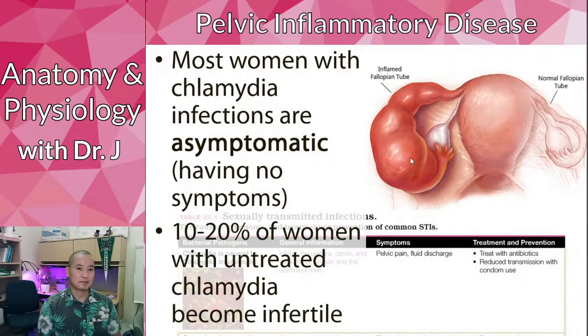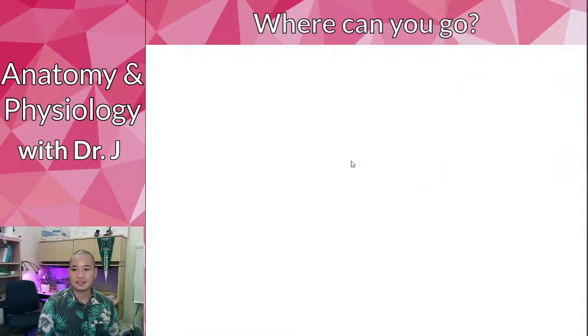So even though these are symptoms that can occur, they're not always going to occur. And this is why it's important to get checked if you're sexually active, because about 10 to 20%, not the majority, but still like a 1 in 10 or 1 in 5 chance, if you have this infection and you're planning on having children in the future, it could cause infertility. So this is why it's important to get screened for chlamydia and use protection.